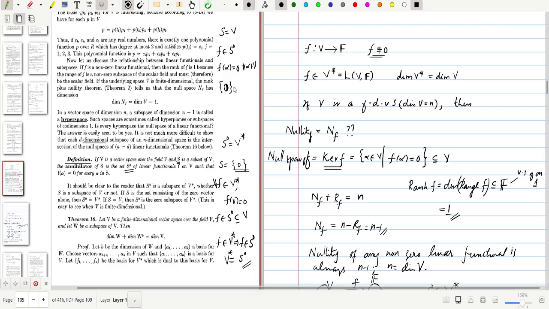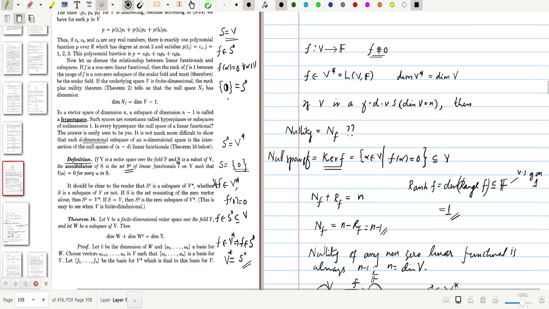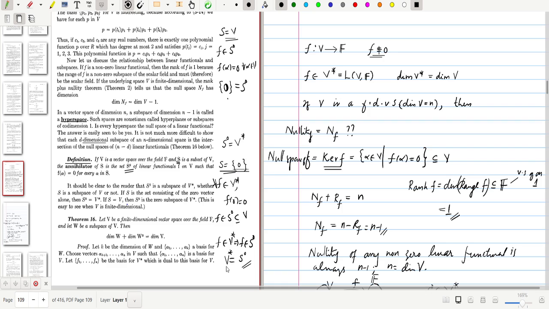This is the only element of S naught. So if S equals V, then S naught equals the trivial subspace. Whenever S equals the trivial subspace, then S naught is equal to V star. So these are two interesting cases.